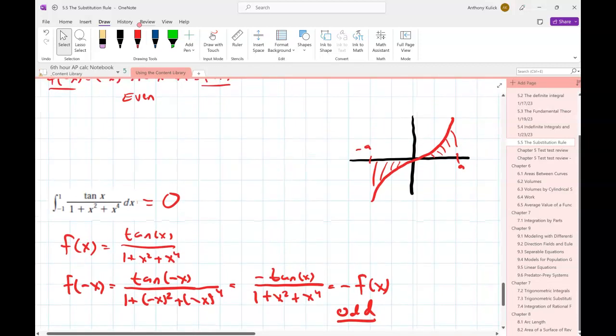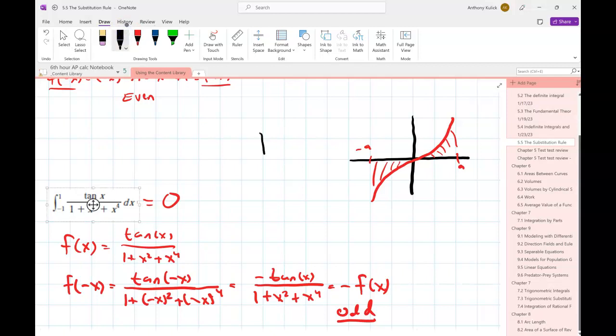So if you had arctangent, would that be an even function? That is odd also. Because if you think about arctan, you go from like negative 1 to 1, I believe.